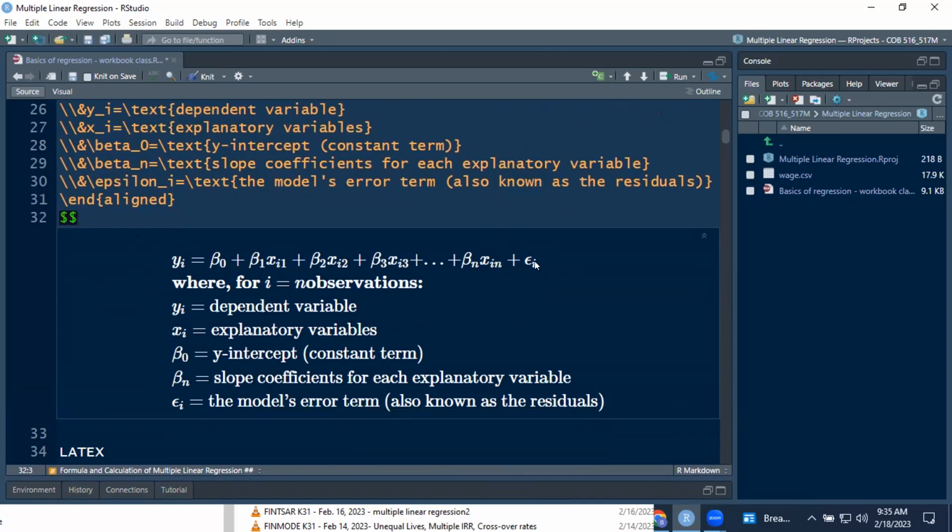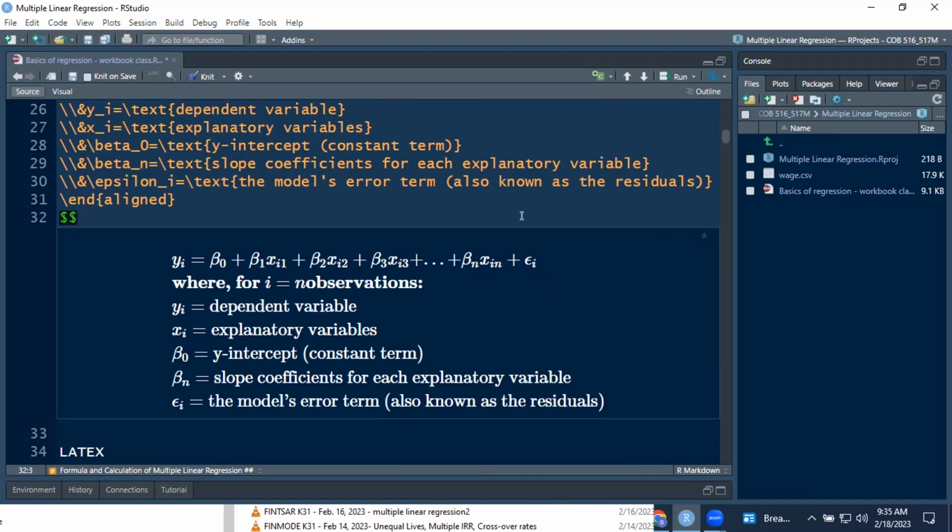And this establishes the relationship between your y, your dependent variable, and your independent variables. Your independent variables are x1, x2, x3, x4, xn. So n here refers to the number of explanatory variables that we have. The i here refers to the ith observation.